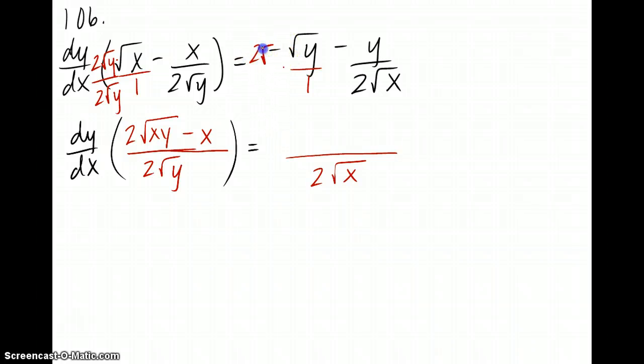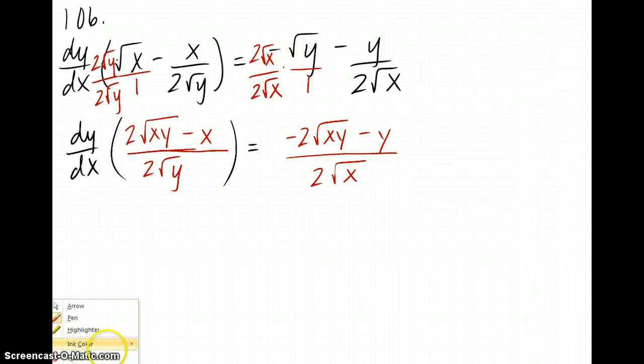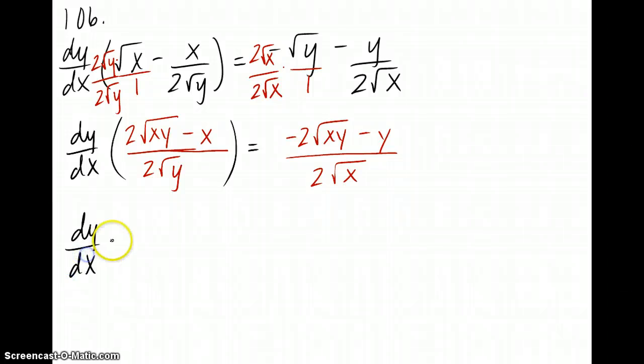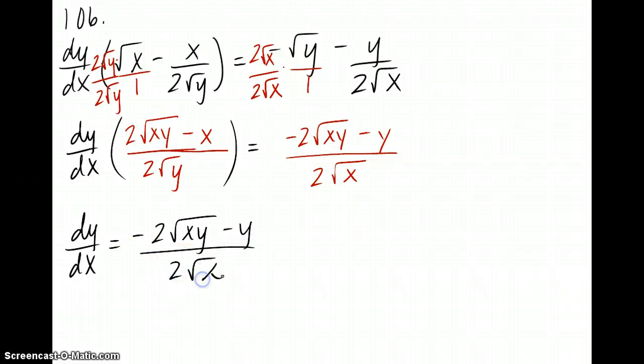So the first term will need to be multiplied to get the common denominator. So now we have negative 2 root xy minus y. So then solving for dy/dx, the right-hand side, we don't do anything more to that. We're going to multiply it by the reciprocal of what's being multiplied by dy/dx.